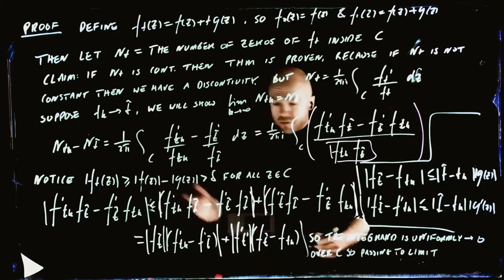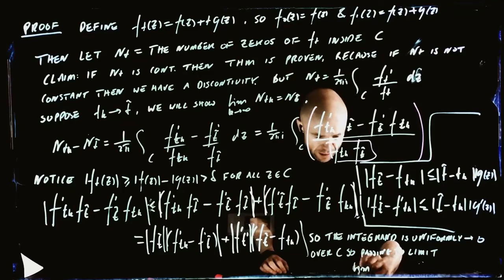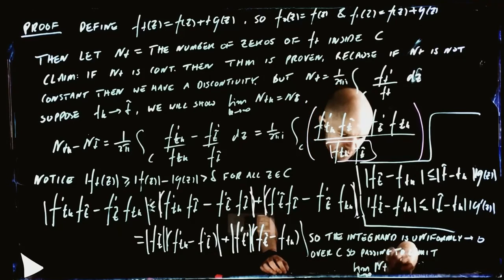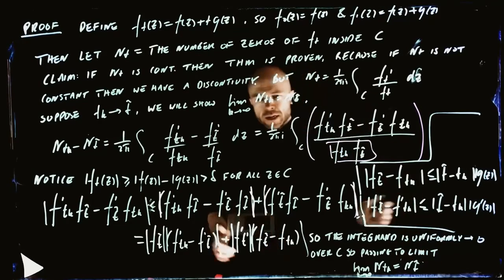We do indeed have that the limit as k goes to infinity of n of tk is equal to n of t tilde, and we have continuity, and that's all we need.